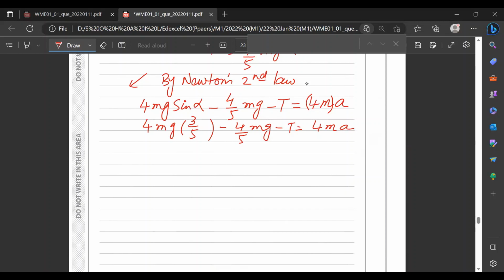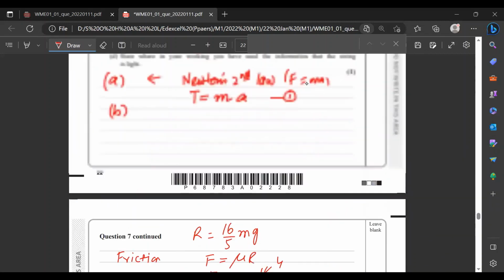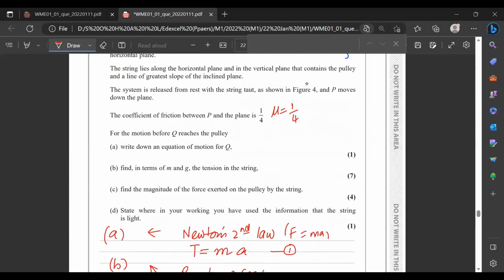So simplifying, 12 mg over 5 minus 4 over 5 mg minus T is equal to 4 ma. The question was to find, in terms of m and g, the tension in the string.